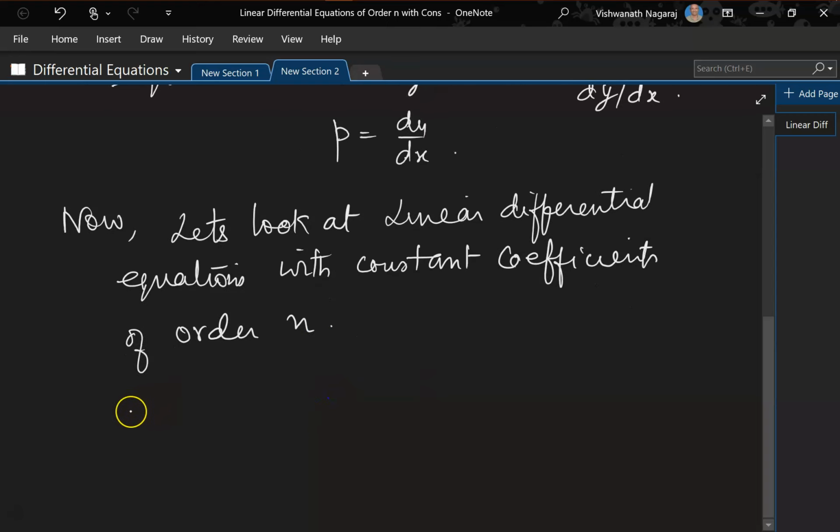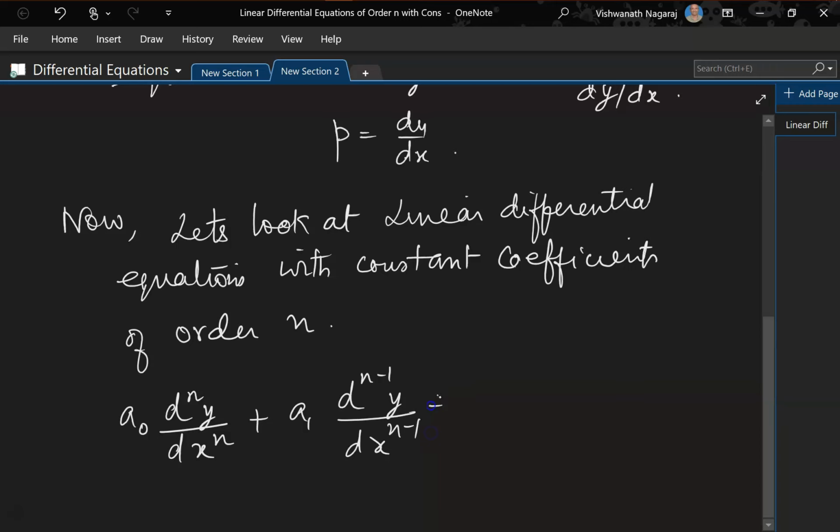So the general form would look like this: a naught times the nth derivative of y with respect to x, plus a1 times the (n minus 1)th derivative of y with respect to x, plus a2 times the (n minus 2)th derivative of y with respect to x, and so on till we reach a n times y, and this whole thing is equal to f of x.